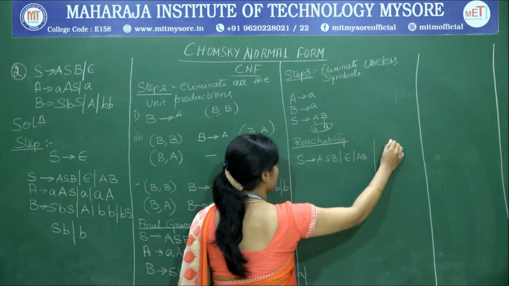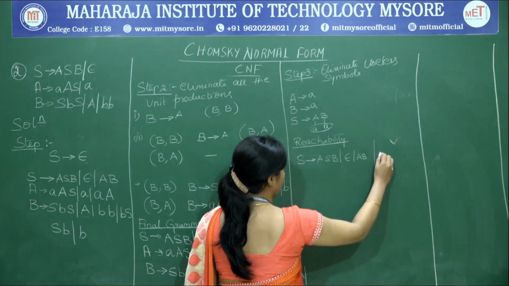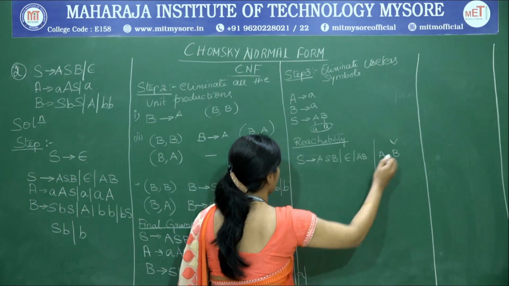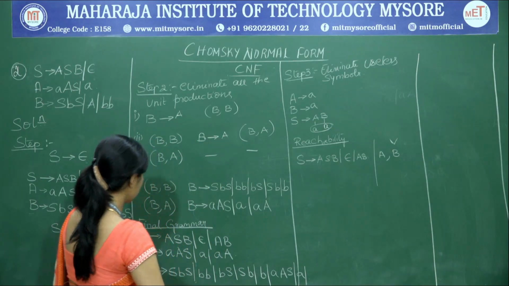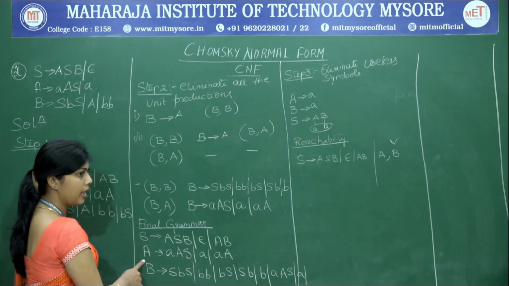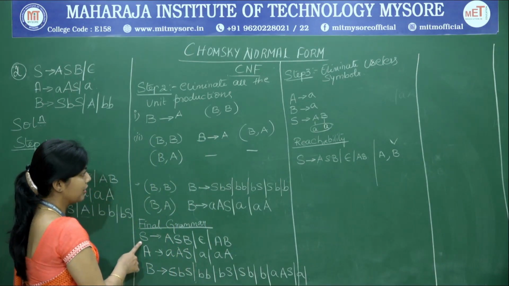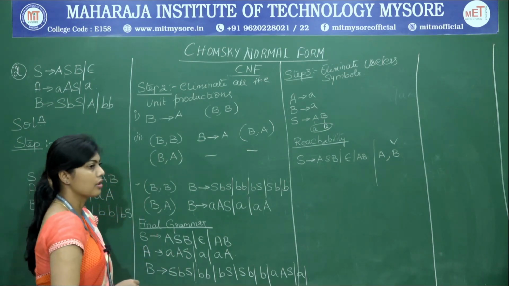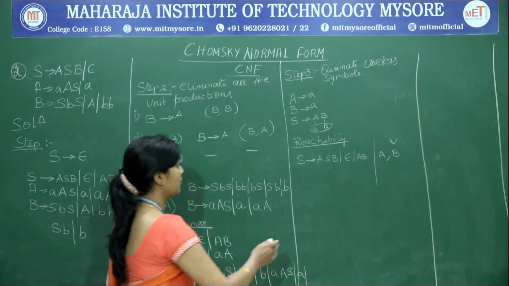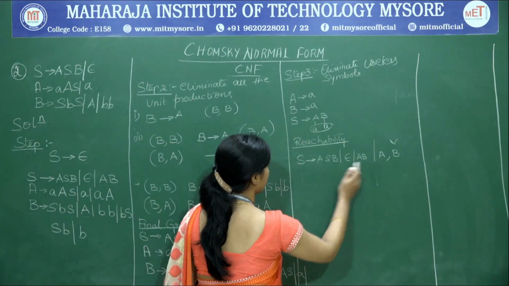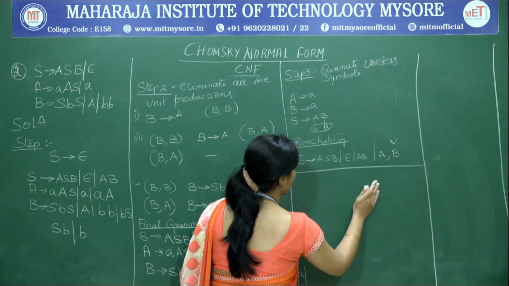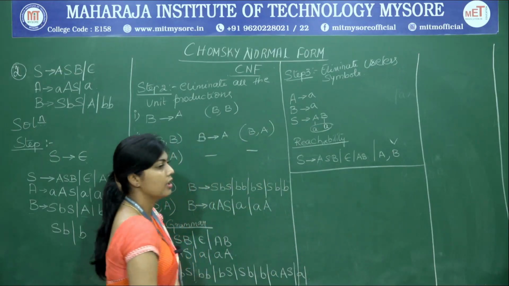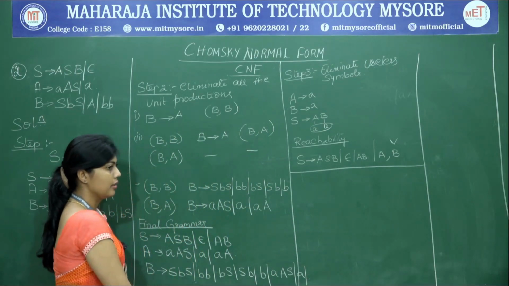So the variables which are reachable are A and B. So both the variables which are there in the grammar, that is A and B, are both reachable by S. So we do not make any changes to the grammar, and the resultant grammar is going to be the same because we have not eliminated any symbols after the previous result.